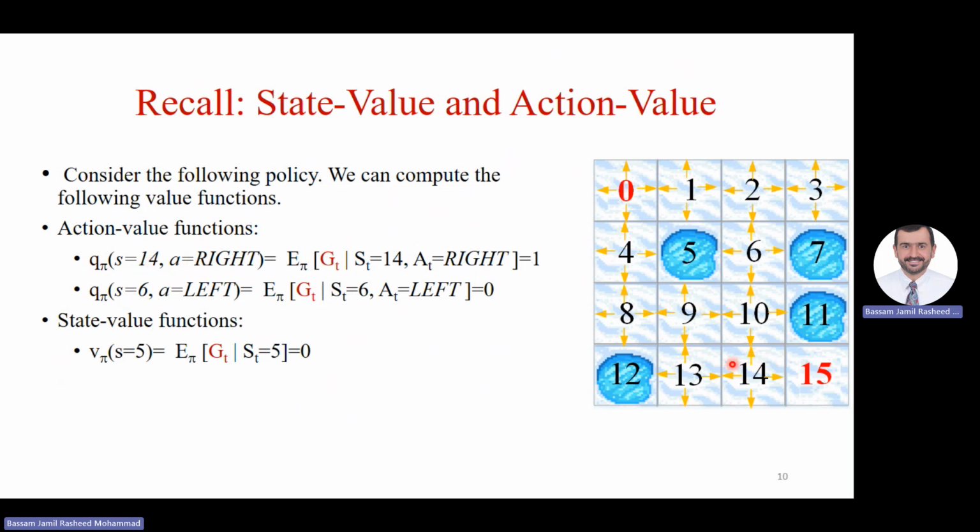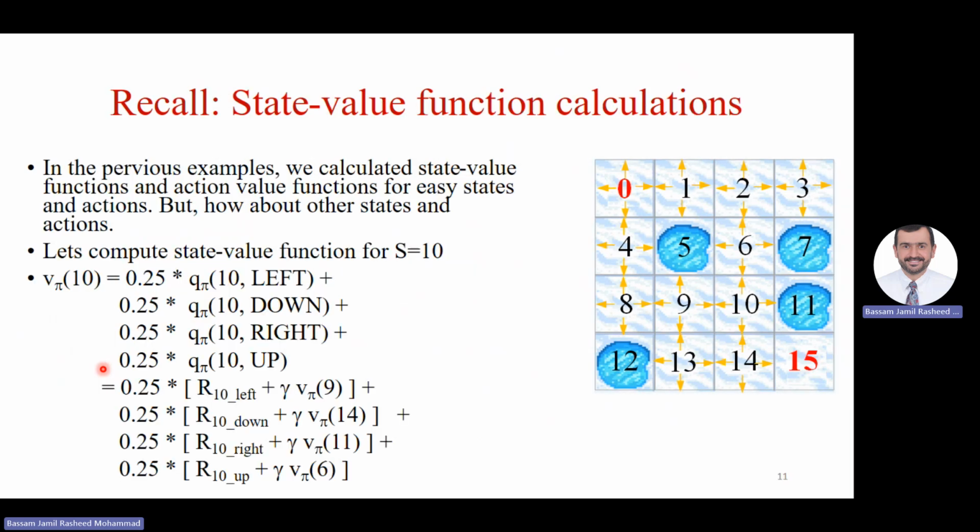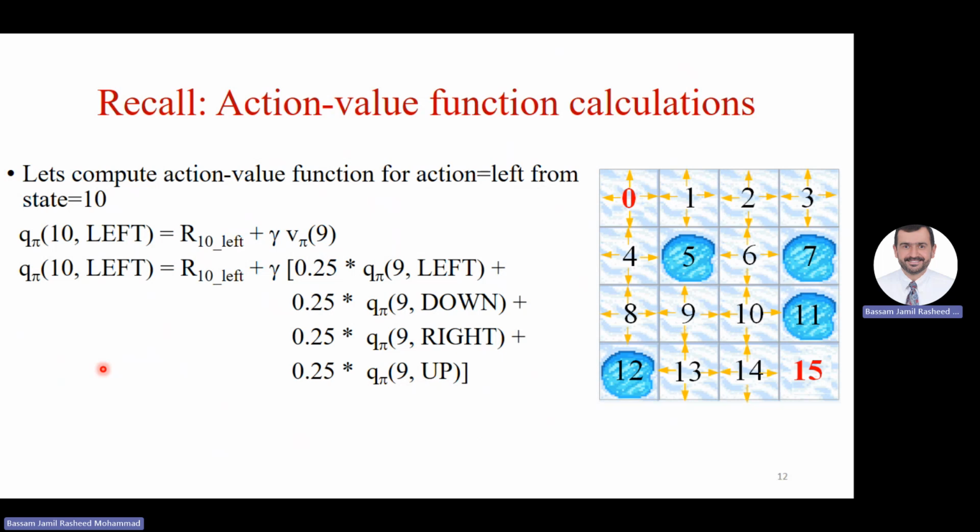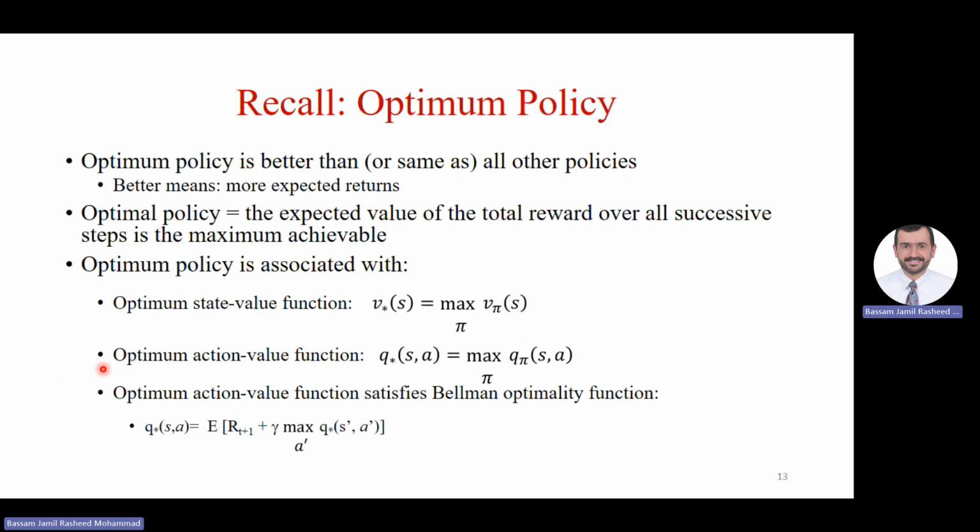So if I'm in state 14 and I'm taking action right, how do I compute it? And how to compute the state value. So this is the definition, and we've discussed in earlier classes how to compute the action value using state values, or the state value using the action values. So this is repetitive of earlier classes. I'm going to move on quicker on those slides.